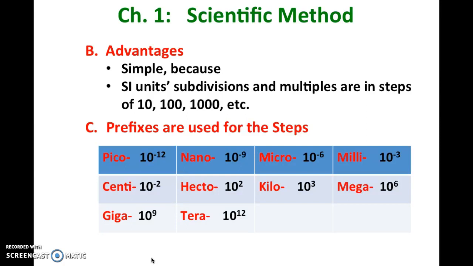For instance, nanometer means 10 to the negative 9 meter. Kilogram means 10 to the 3 gram.